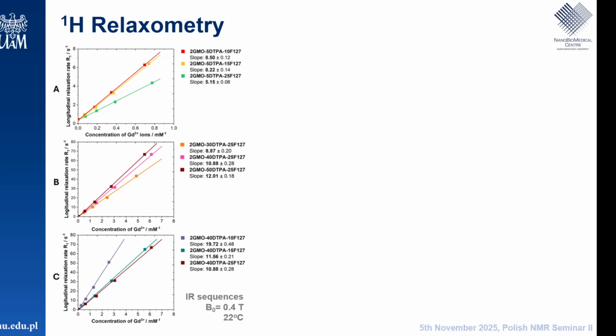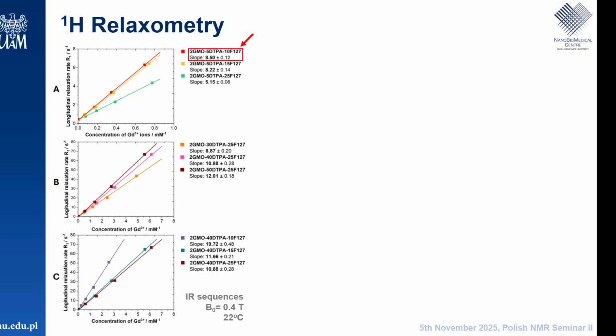In the first group, as you can see, we have a low concentration of DTPA and various concentrations of pluronic. In this case, the best result is for sample 1, the one with the lowest concentration of pluronic.